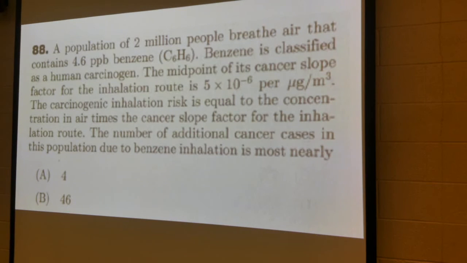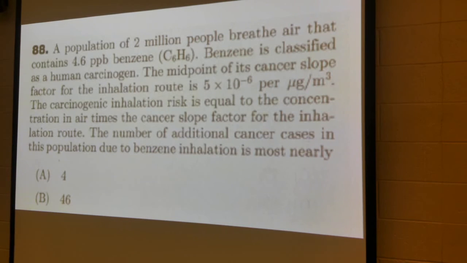For this problem, we have a population of 2 million people breathing air that contains 4.6 ppb of benzene, parts per billion, which is a concentration unit that we don't work with every day. Benzene is classified as a human carcinogen. The midpoint for its cancer slope factor is about 5 times 10 to the minus 6 per microgram per cubic meter. The carcinogenic inhalation risk is equal to the concentration in air times the cancer slope factor.